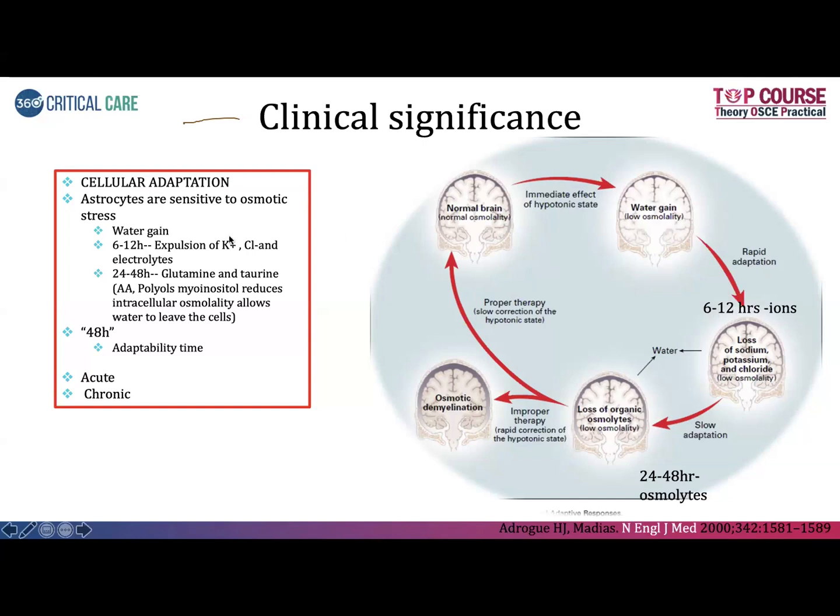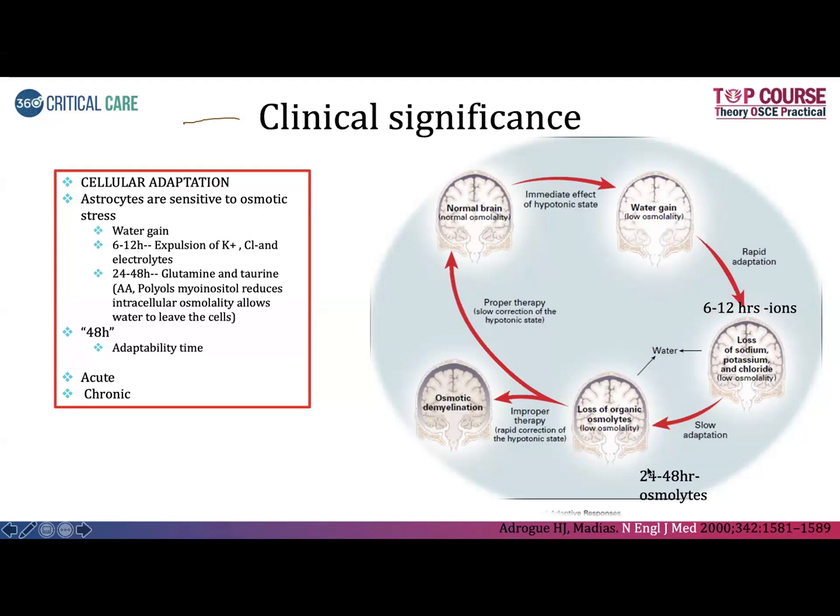Because of low sodium, there is expulsion of potassium as well as chloride, and some electrolytes out of the brain, so that it tries to match the loss of sodium, potassium and chloride, resulting in a low osmolarity. So this happens in the initial 6 to 12 hour period, which is ionic loss.